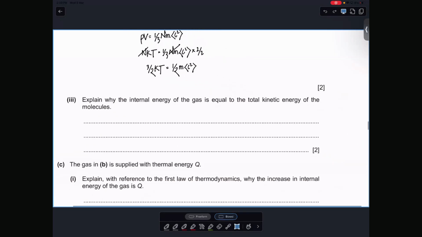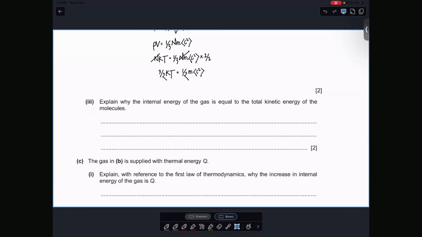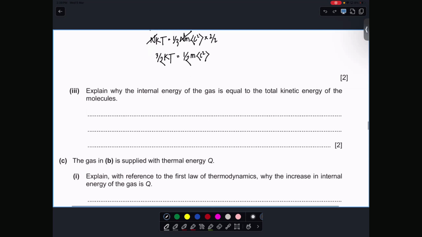Explain why internal energy of the gas is equal to the total kinetic energy of the molecules. Right. Who wants to answer this? Right, exactly. So for gases, the potential energy is 0.